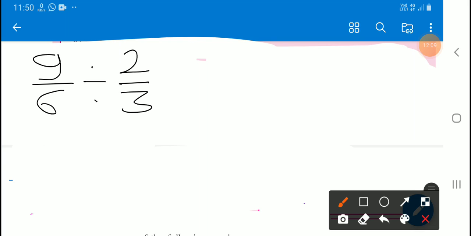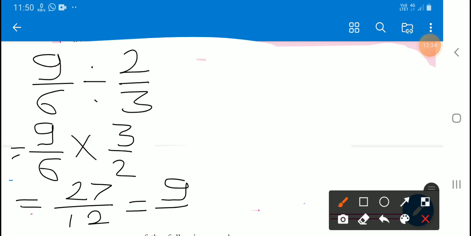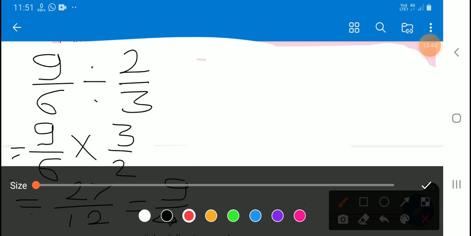Now look, the first fraction I have to write as it is, 9 upon 6. Then I will give the multiplication sign. Then what is the reciprocal of 2 upon 3? It is 3 upon 2. Now I will multiply numerator by numerator and denominator by denominator. 9 3s are 27, 6 2s are 12. These both numbers are divisible by 3. So 3 9s are 27 and 3 4s are 12. Now they are not coming in the same table, so 9 upon 4 will remain as it is.